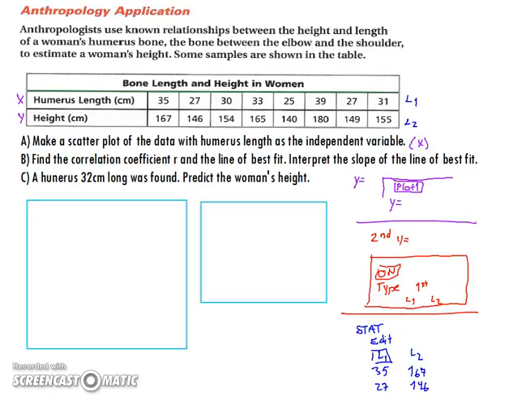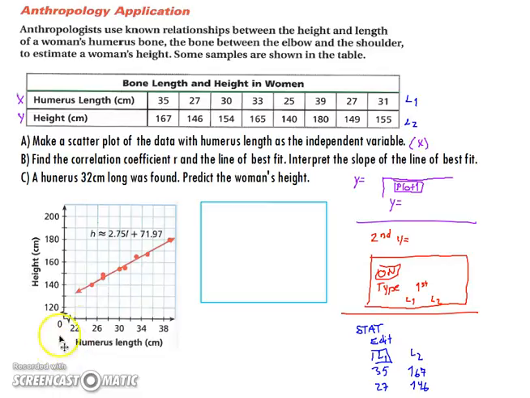So now that you have done that, you can now graph. So hit the graph button, and when you hit the graph button, you'll have a graph that looks like so. You won't see the formula written up here, but you'll have a graph as such. And now you might want to calculate certain pieces of data. So we're going to go to stat because we want to find the correlation coefficient.